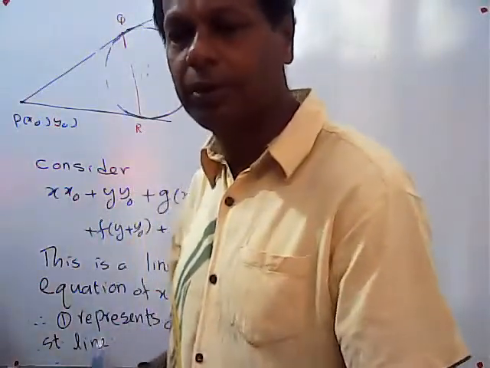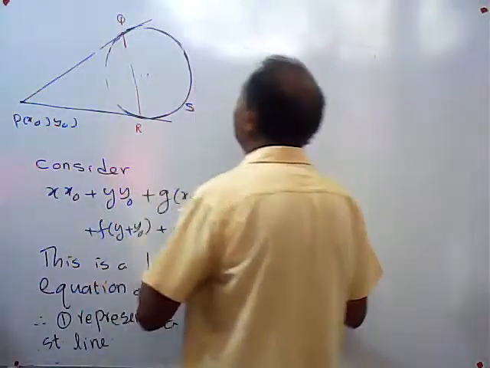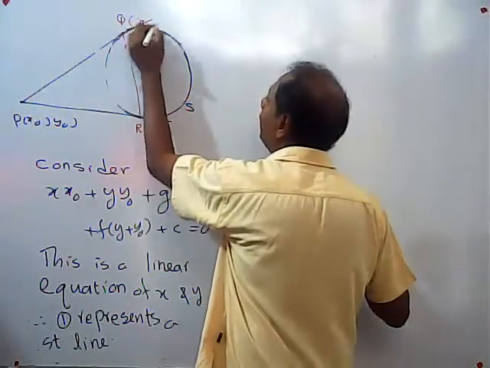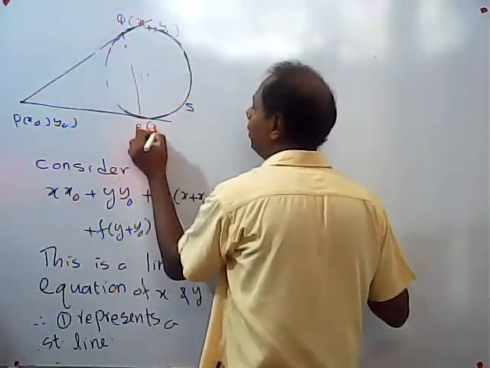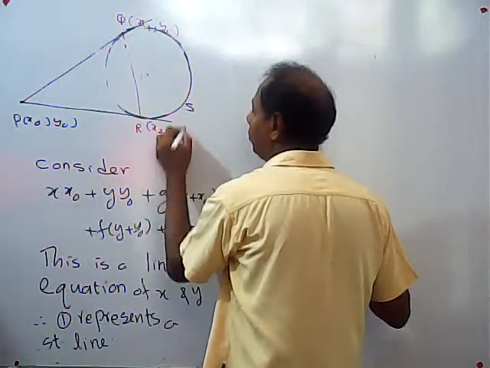Assume some coordinates for the points Q and R. Let this be x1, y1. Let this be x2, y2.